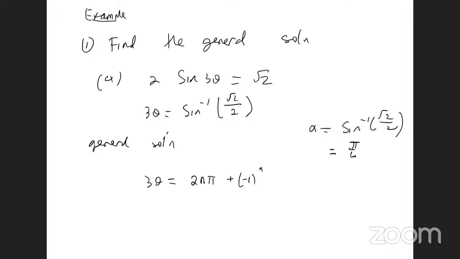Pi on 4. So 3 theta is equal to n pi plus minus 1 to the n pi on 4. This is your general solution. If you want to make it look nicer, divide by 3, and you will get theta equals n pi on 3 plus minus 1 to the n pi on 12.